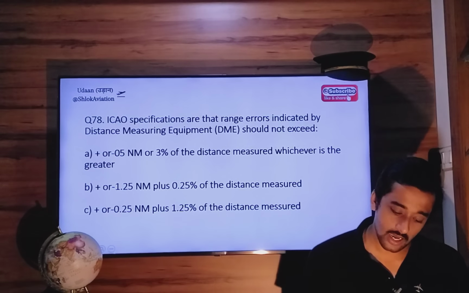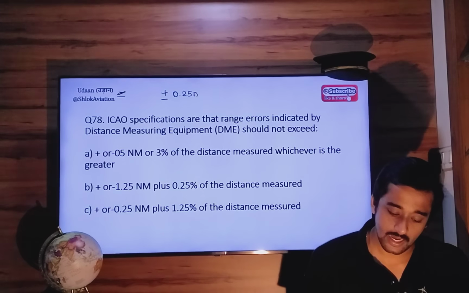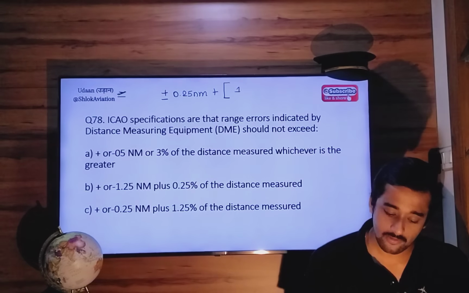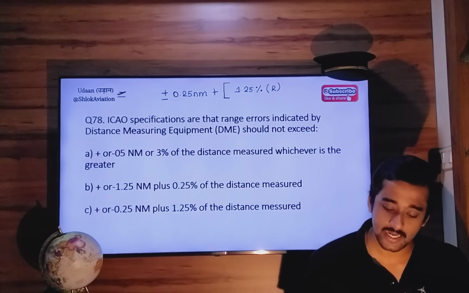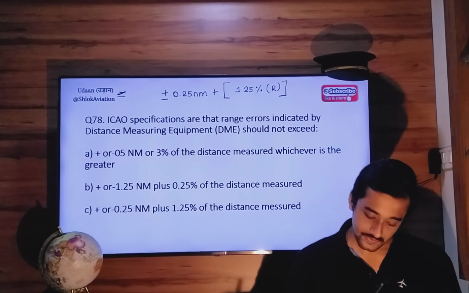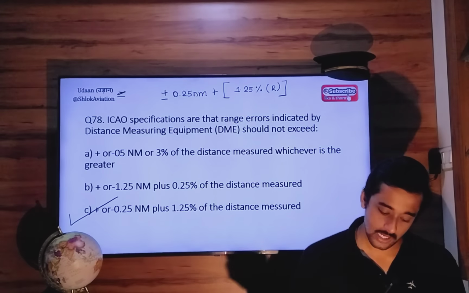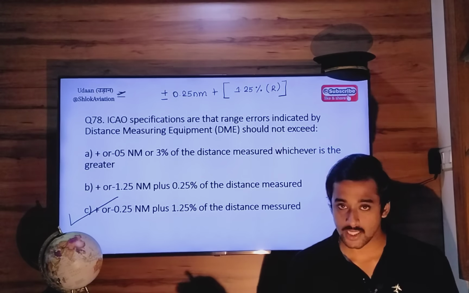Those limits are plus minus 0.25 nautical mile plus 1.25 percent of the slant range indicated by the equipment. So the correct answer is option Charlie, plus minus 0.25 plus 1.25% of the distance measured.